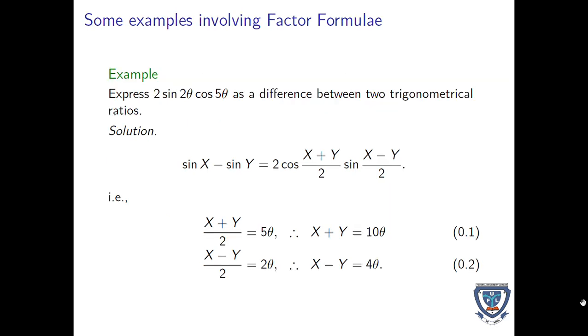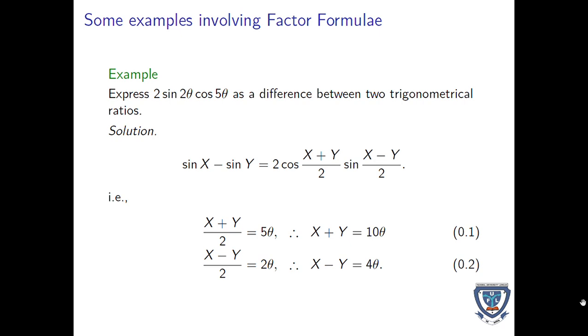Another example: express 2 sine 2 theta cos 5 theta as a difference between two trigonometric ratios. Solution: we are going to pick one of the formulae which says sine x minus sine y is equal to 2 cos (x plus y over 2) sine (x minus y over 2).